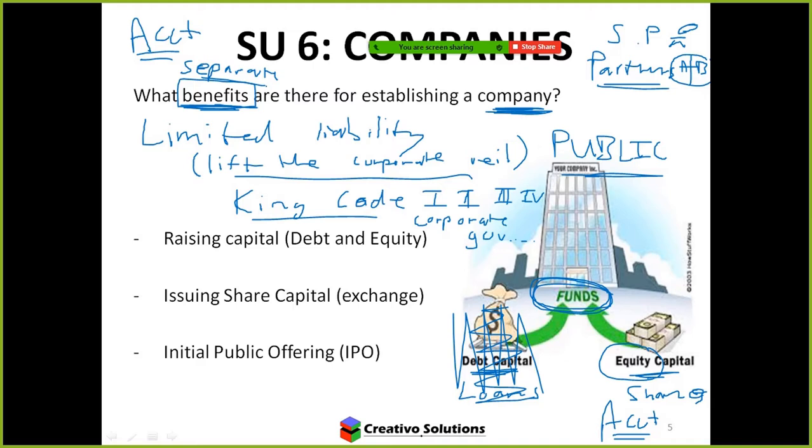If you've got a company, it's completely separate. The company is literally running on its own. It doesn't matter who owns shares in the company, that's irrelevant. From an accounting perspective, the company is completely separate and it runs on its own.